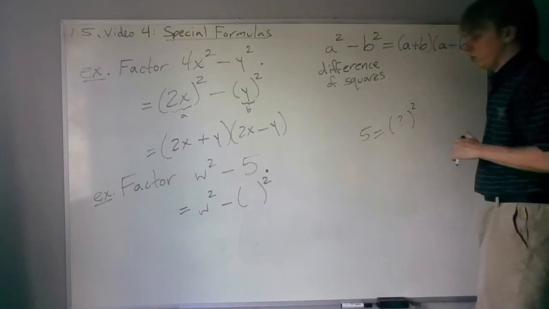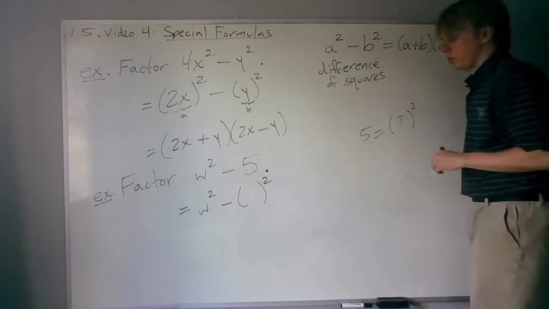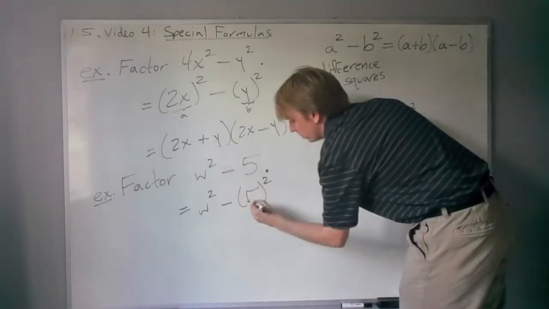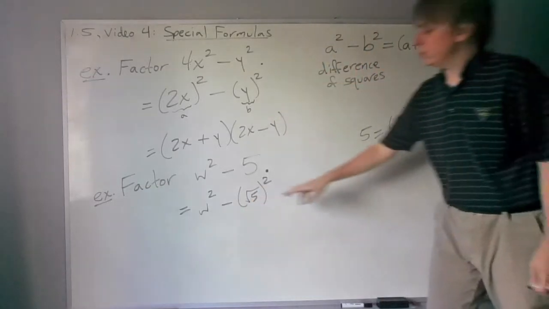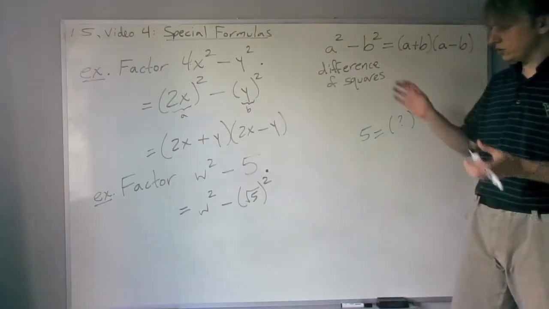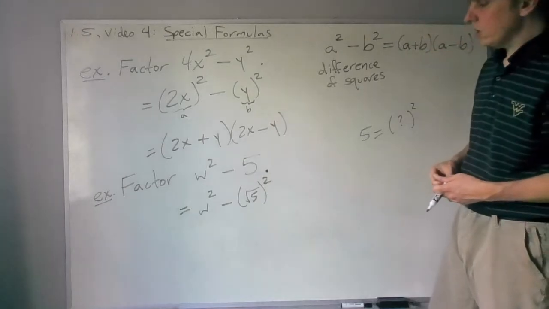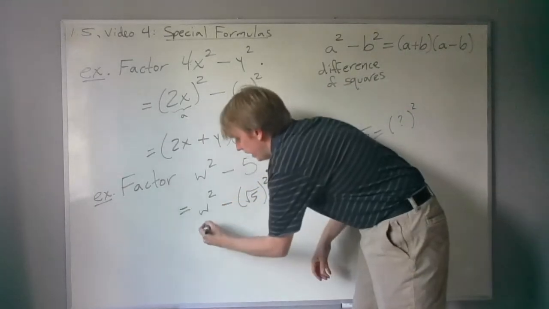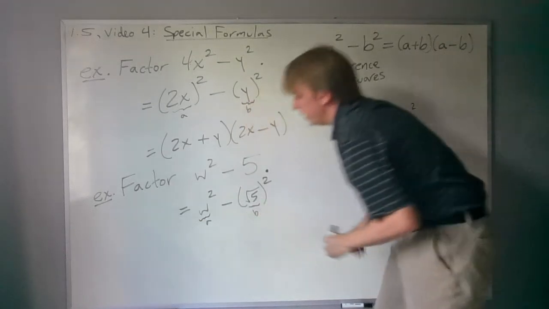Well, if you take a square root of both sides, the question mark, the mystery number, is going to be the square root of 5. Or, using a formula we talked about in the exponent section, the square root squared spits out the number you started with, assuming there's no negatives involved inside, which there's not. And so I guess w is my a, and square root of 5 is my b.